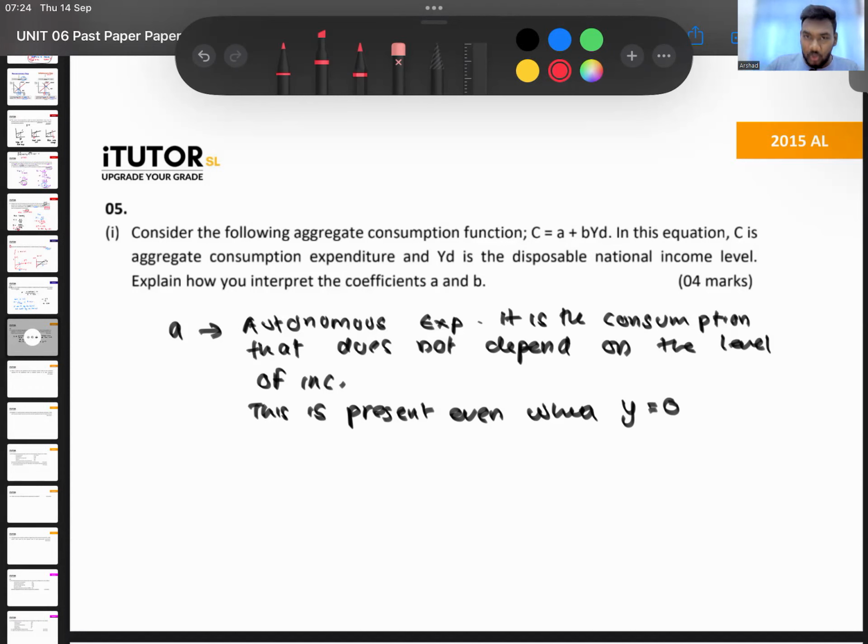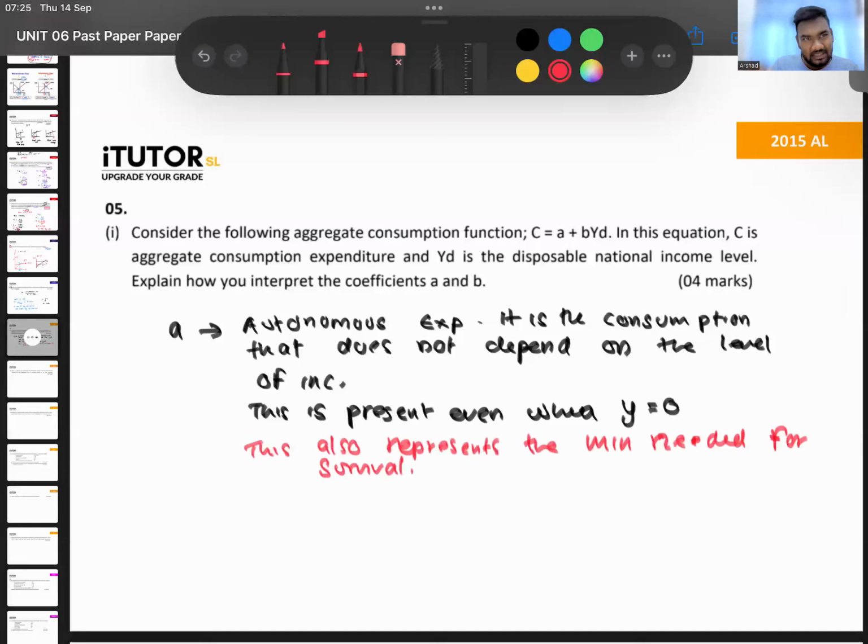Even if you don't have a job, even if your income is 0, if you're still spending on something, that's the minimum that you need for survival. So you can say this also represents the minimum needed for survival. You can say something like that. That is more than enough, guys. Those points are more than enough for you to get your 2 marks.